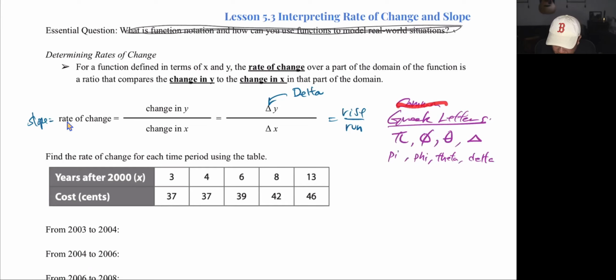So these are the common Greek letters. That's a pi. And a circle with a diagonal line through it is phi. And then a circle with a horizontal line right across the middle is theta, usually for angle. So these two are usually used for angle. And you guys should know pi already. And this triangle is capital delta.